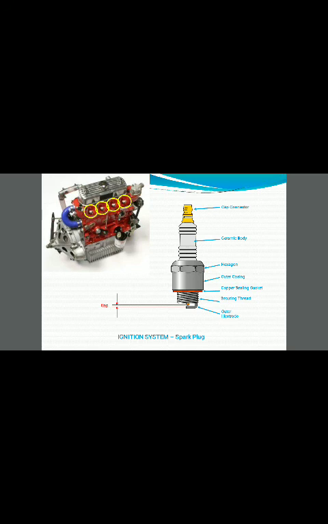That is the outer casing of the spark plug. Above that, a hexagonal bolt is used. Above that is the ceramic body and cap connector, through which the spark goes out to the fuel air mixture.